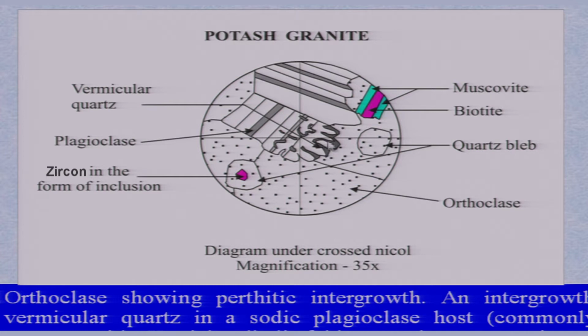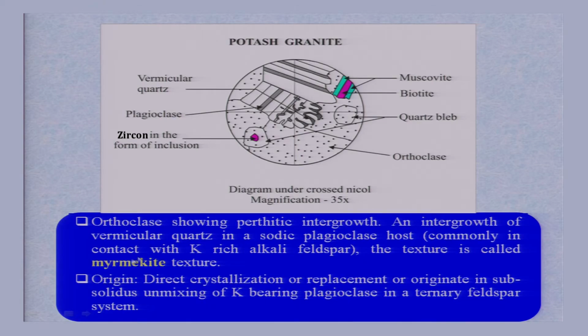After the formation of orthoclase, the quartz has been released. The ligand SiO4 has been detached from its cation and it has crystallized as a vermicular quartz. So, here vermicular quartz is developed, but the growth between this orthoclase and quartz is actually a graphic intergrowth. Orthoclase showing perthitic intergrowth.